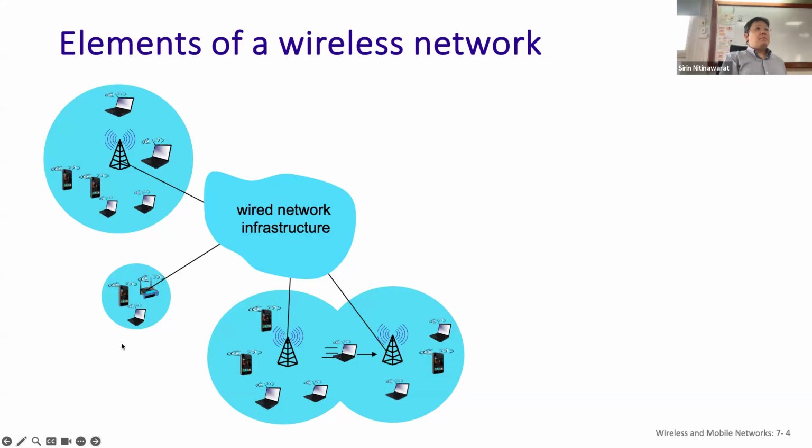Because if it's your home internet, it will go to the hub belonging to the provider of your Wi-Fi network, and then in that building, there will be a router.